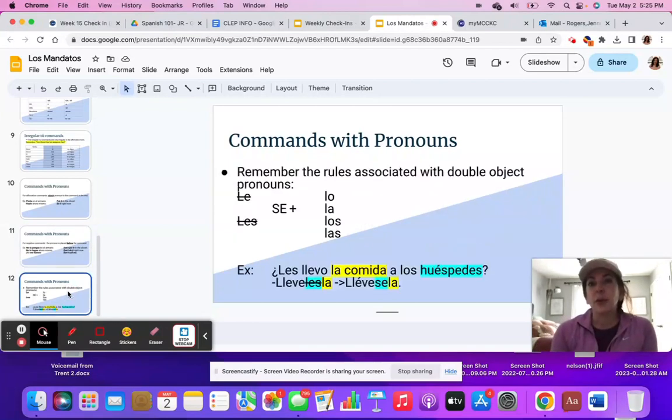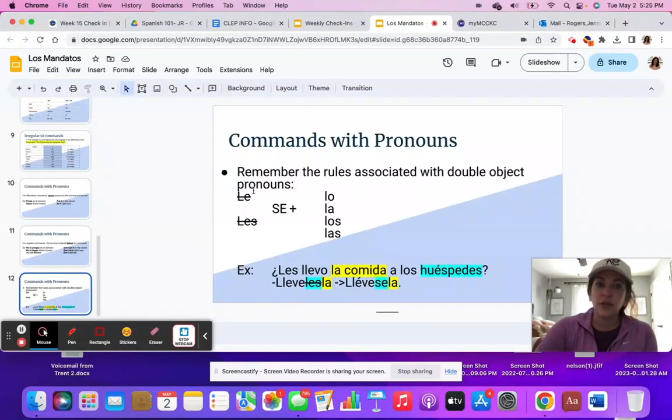If you remember when we had double object pronouns, direct and indirect, there are separate rules that go along with that. That is when we have le and les plus another L pronoun: le, lo, les, las. We're not going to have two L pronouns.